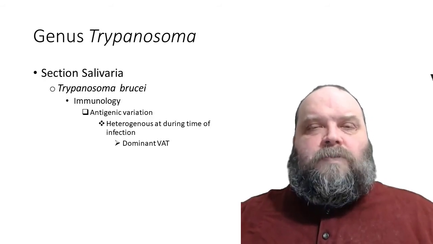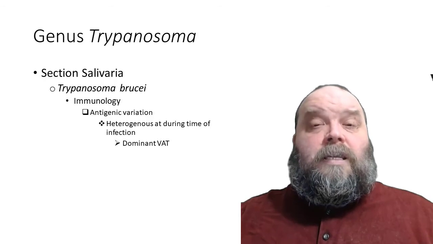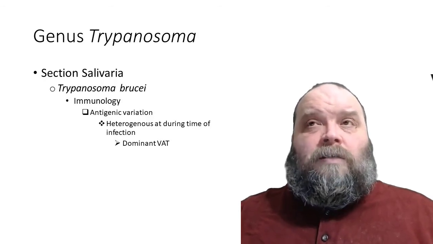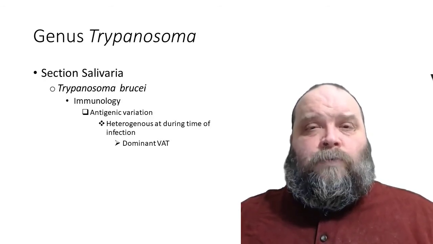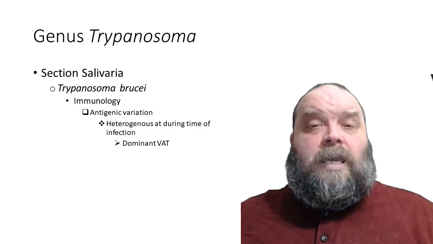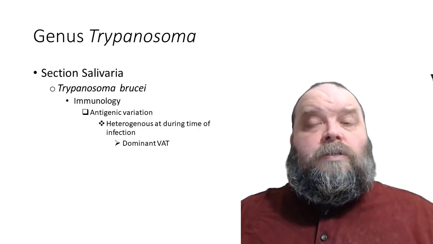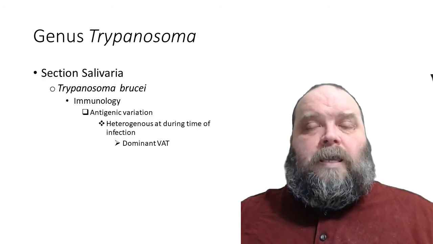The adaptive immune system's not quite there yet, thus the innate cells are going to target the low-hanging fruit, the ones that the antigen is already known, already learned, and is being bound by antibodies.